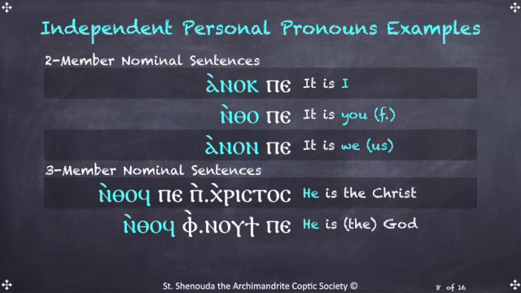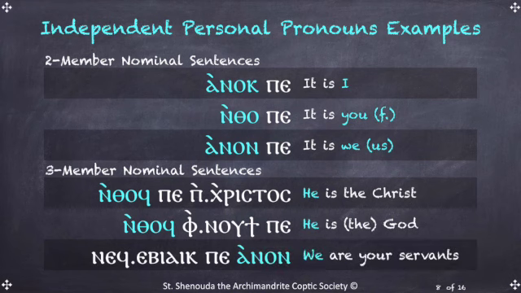Entov efnuti pe, he is the God, capital G. Last example, nef eviaik pe anon, we are your servants. Actually, the correct translation is we are his servants. So I apologize for this.